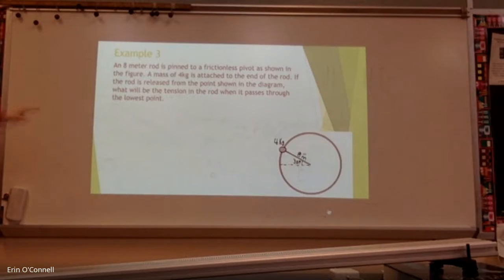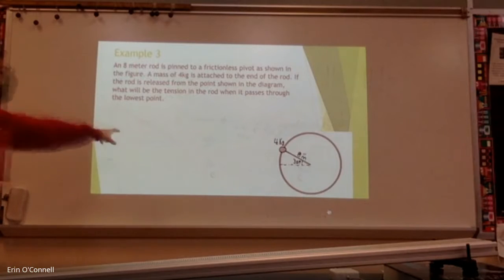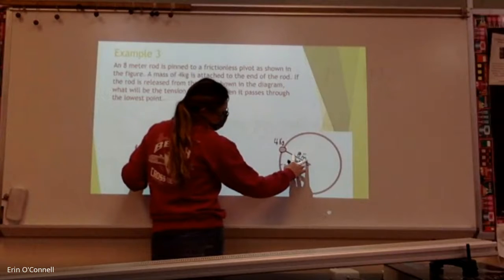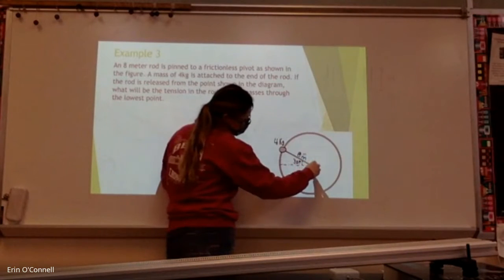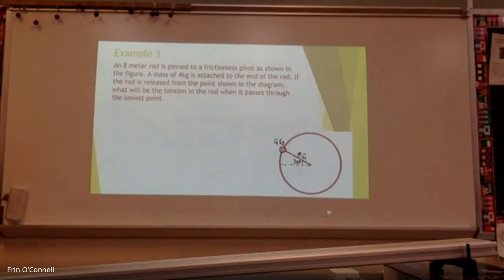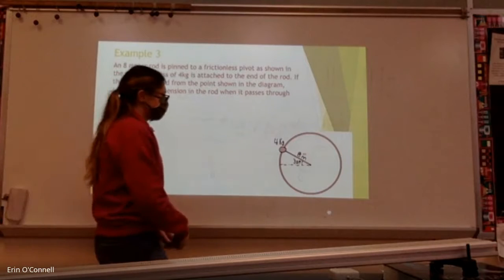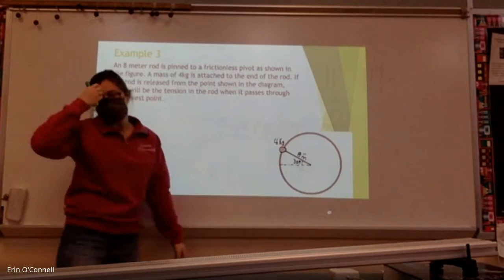So we have a 4 kilogram mass. The distance from the center of the circle to the mass itself is 8 meters. That rod makes a 30-degree angle with the horizontal. We're interested in the tension, or really what we want to find is the velocity at this point down here.